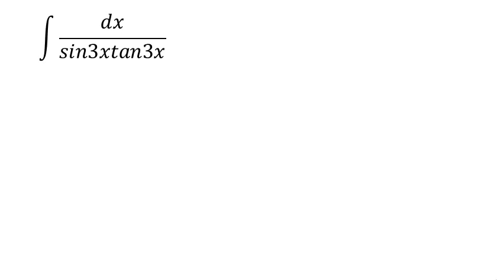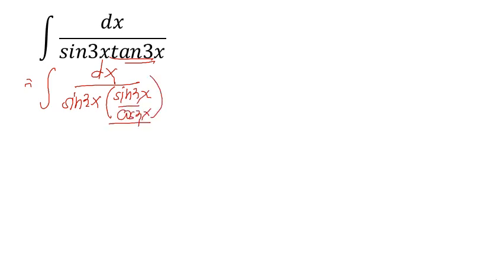Now let's have this. Integration of dx all over sine 3x tan 3x. Now here we don't have basic integration formula for this for trigonometric functions, but we could manipulate it through our trigonometric identities. So here we have integration of dx all over sine 3x, which tan 3x is equal to sine 3x all over cosine 3x.